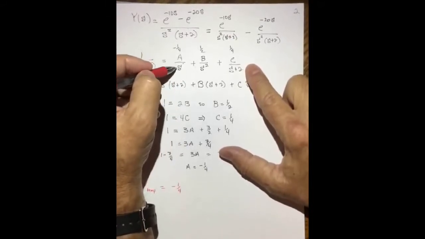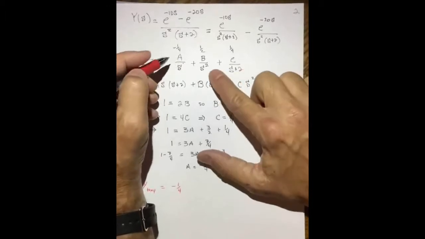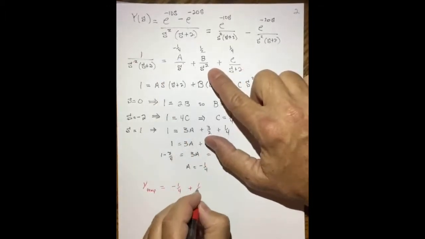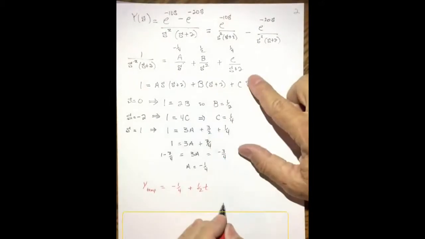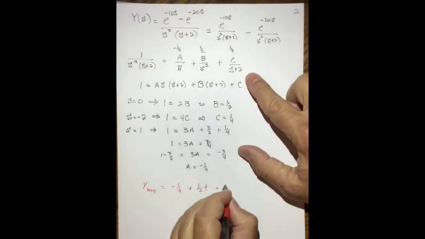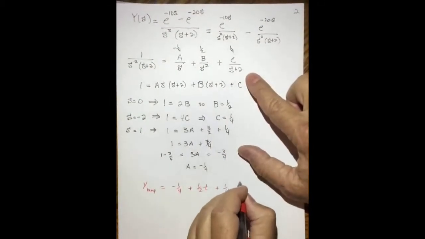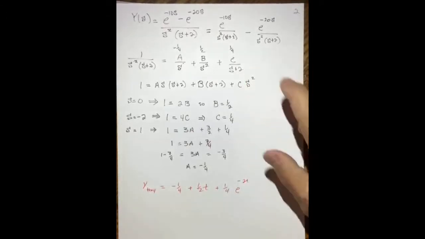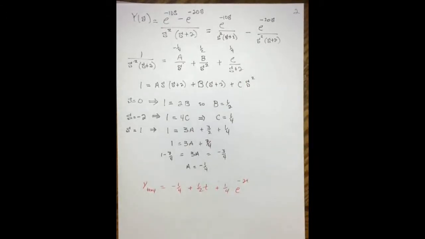The inverse transform of 1 over s is just 1. And then plus a 1/2 t plus a 1/4 e to the minus 2t, right? Just inverse Laplace transforms.